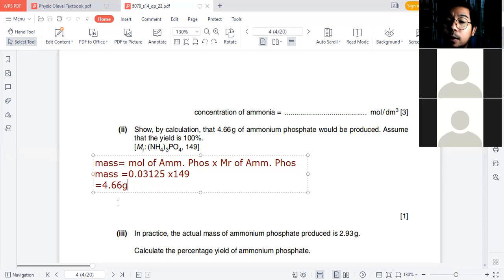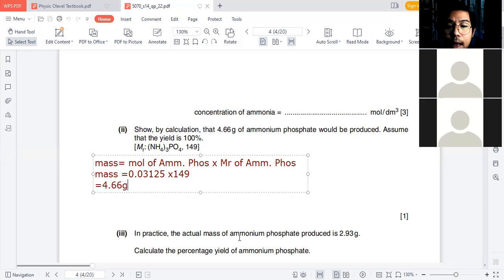Remember that this is 100% yield. So if the percentage yield is 70%, 80%, or 50%, you multiply the mass by the percentage given to you. So far so good? Yes.